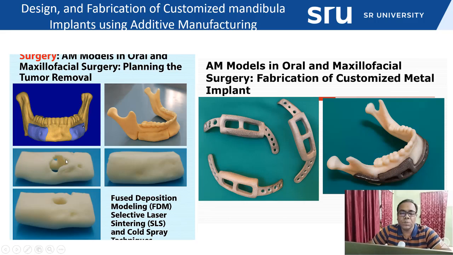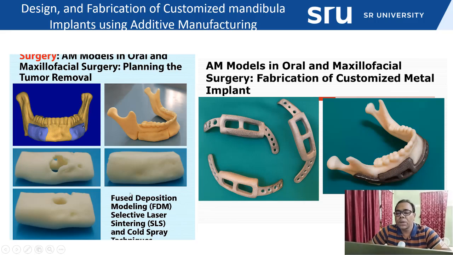These are some of the implant designs that were made using the CT scan data. From that data, the exact shape and size of the fractured area can be created and saved.